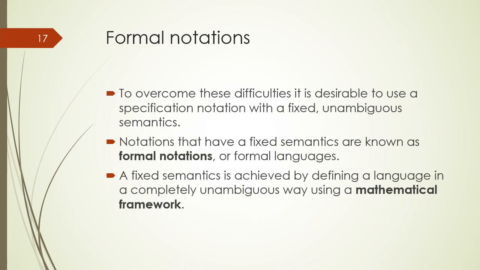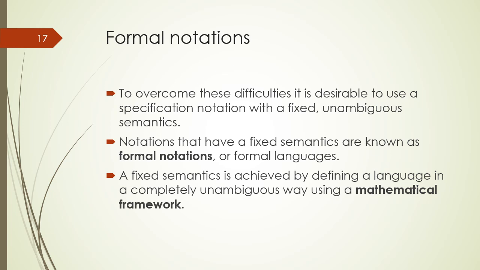Students, we have highlighted so many issues in natural language specification and in informal specification of software. To alleviate such issues and overcome these difficulties, it is highly required to use specification notations which are fixed, or which have a standard notation and unambiguous semantics.